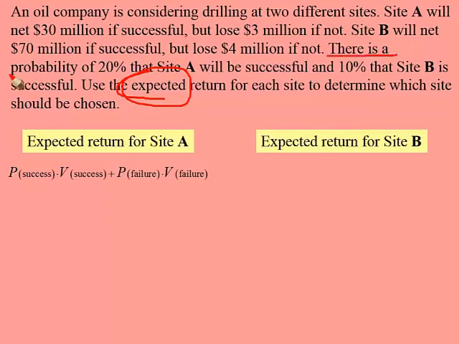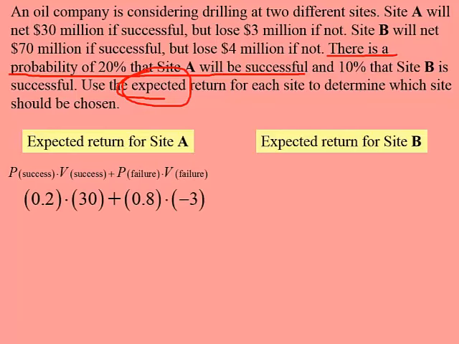There is a probability of 20% that site A is successful. So for site A, the probability of success is 20%. The value given in the problem of success is $30 million.